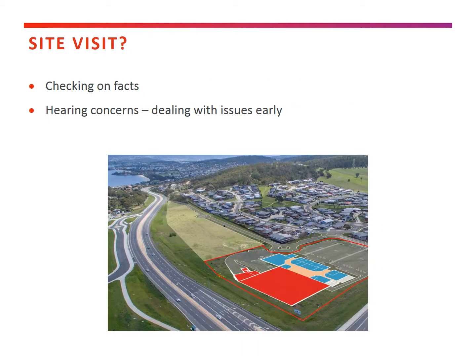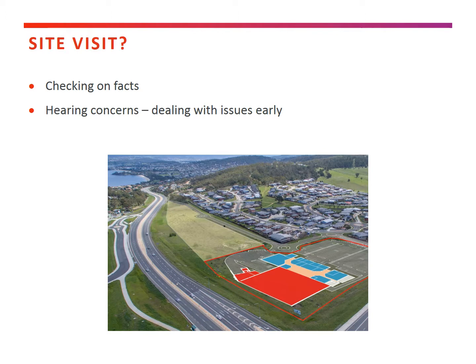They might need to go and visit the site. Particularly in terms of representations, it might be that the representatives just need to be heard. So sometimes a planner will meet the representative, or tour more than one person, on site, and that can be useful in their role of managing the project.